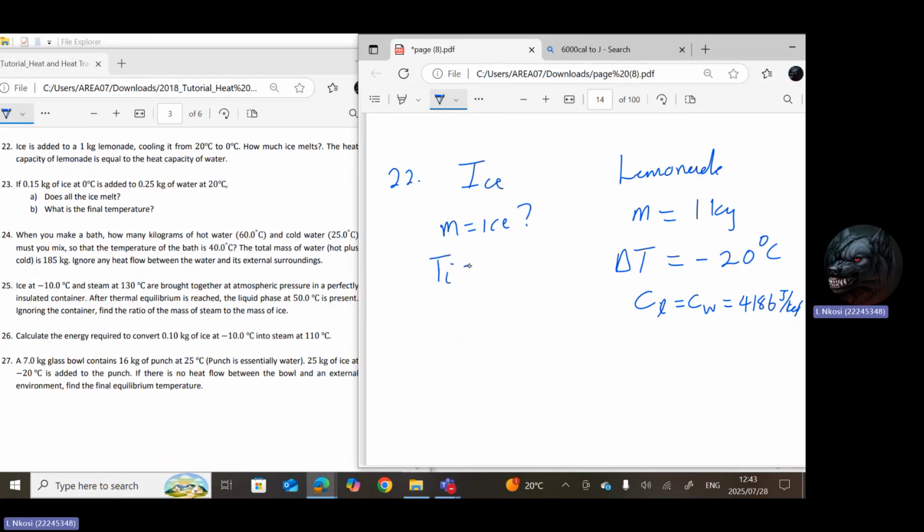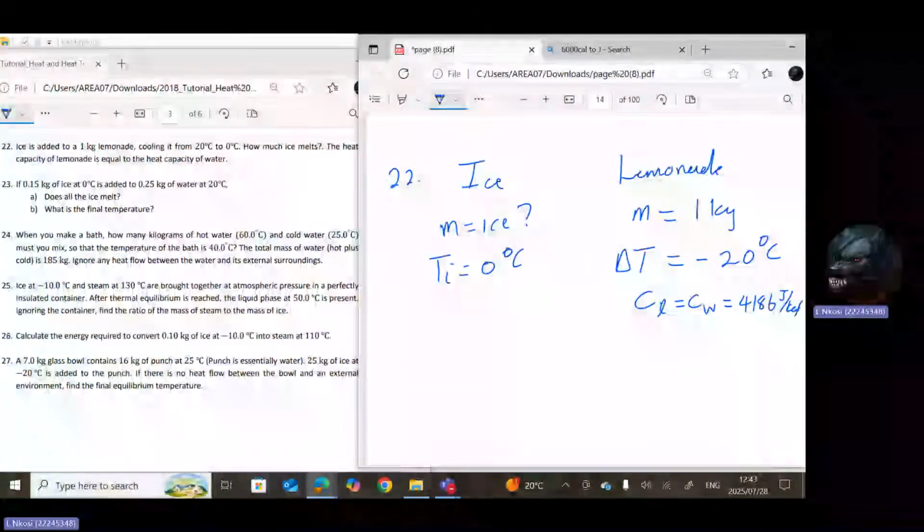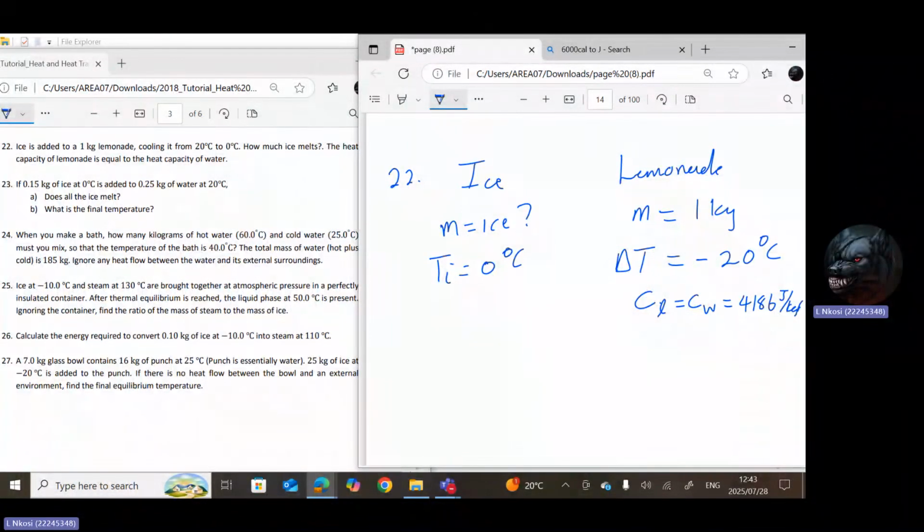The initial temperature of the ice we assume is 0 degrees Celsius, and it is in its melting phase. It could be that the temperature changes and it just melts, but in fact it only melts. It is in its melting phase.